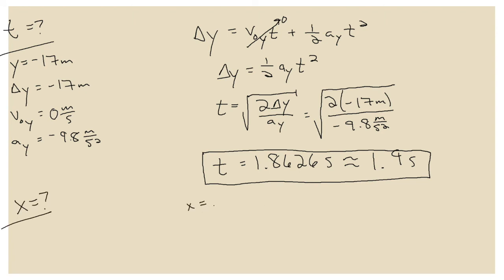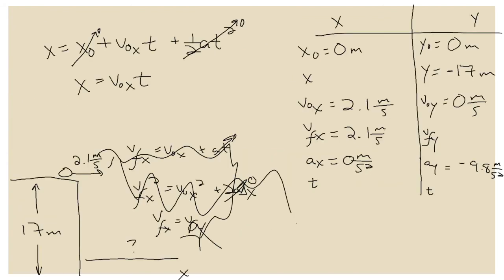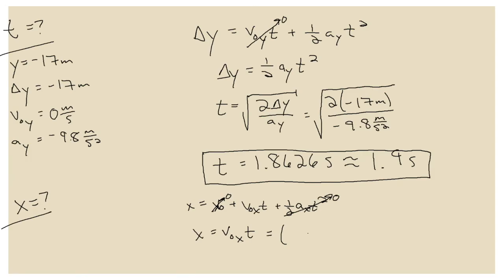Now, as we said, just to wrap this up, we have only one equation in the x direction that works, and that would be x equals x naught plus v naught x t plus 1/2 a_x t squared. This term is 0. This term is 0. And so that gives us x equals v naught x times t. And so plugging that in here, we had our v naught x, if you remember, was 2.1 meters per second.